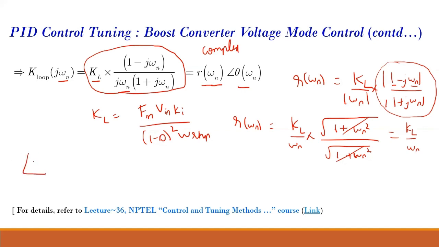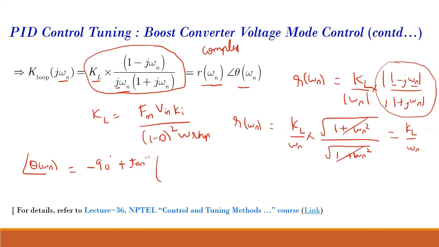Similarly, my angle theta of omega n will be equal to, this j contributes minus 90 degree. Then minus tan inverse of the imaginary part. So there are three complex quantities, and these complex quantities will create the angle. So j creates minus 90 degree.